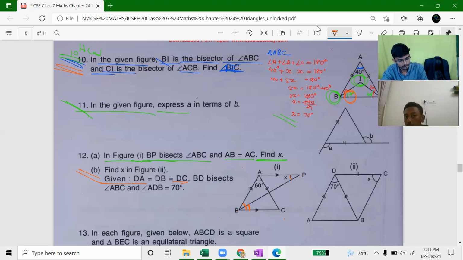Sir, DB. Sorry, DB is equal to DC and is equal to DA. And what have they asked us to do? To find out angle ABC, where BD bisects angle ABC and angle ADB is equal to 70 degrees. Now tell me how we can do this. BD is bisecting.